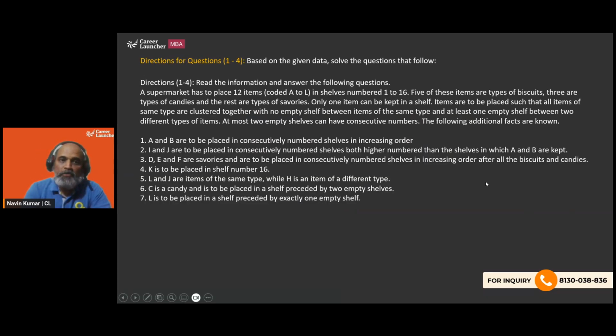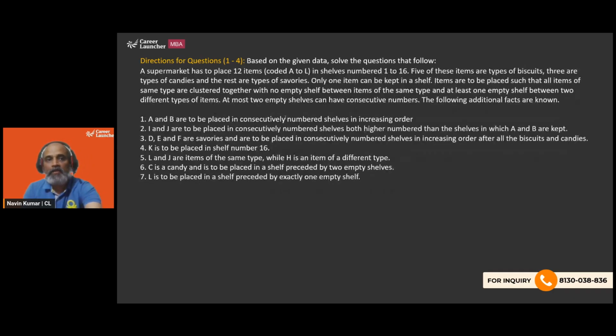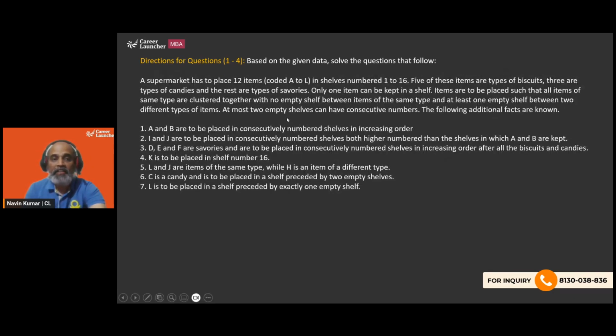A supermarket has to place 12 items coded A to L in shelves numbered 1 to 16. When we say coded A to L, we are basically saying it's all the letters from A to L: A, B, C, D, E, F, G, H, I, J, K, L. And the shelves are numbered from 1 to 16.